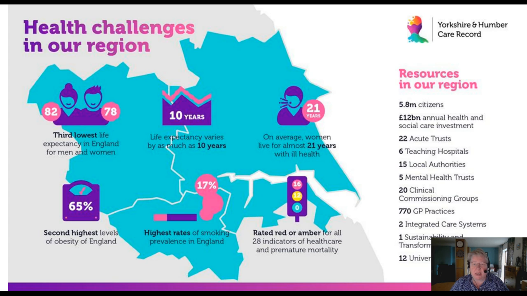You can see the other facts and figures in terms of how many hospitals, local authorities, general practices, and integrated systems that we have. And you can see some of the challenges in terms of life expectancy, and some of the other comorbidities that exist.